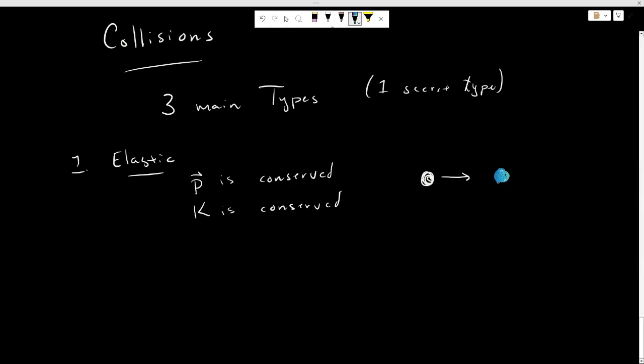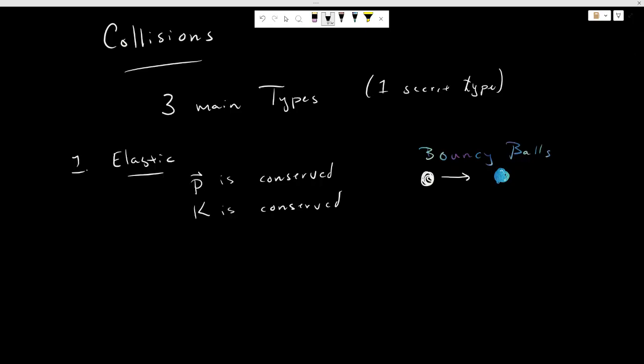All right, so bouncy balls. Like two bouncy balls collide into each other, right? So in this case, the kinetic energy is going to be conserved and the momentum is going to be conserved.